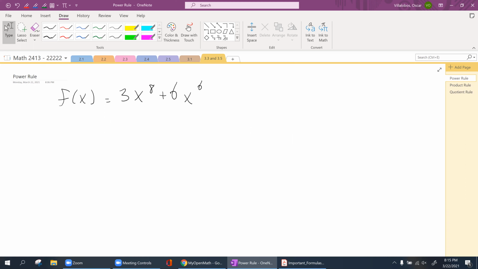So if you're given a function, let's say f of x equals x to any power, just n, where n is any number, here's how you find the derivative of this function. You indicate the derivative by a tick. It's a little tick, not a 1. So f prime, the derivative of f.